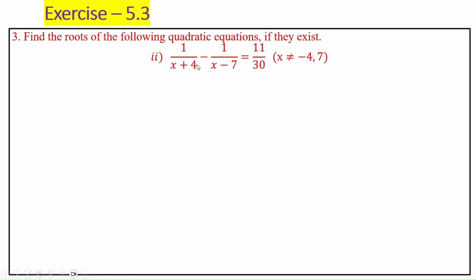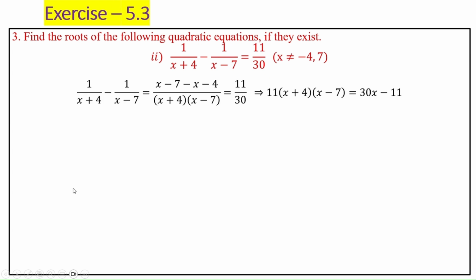Next, 1 by x plus 4 minus 1 by x minus 7 equal to 11 by 30. Same thing, you take the LCM and then simplify. What you will get is 11 into x plus 4 into x minus 7 equal to 30 into x minus 11. Simplify further, the equation is x square minus 3x plus 2 equal to 0.